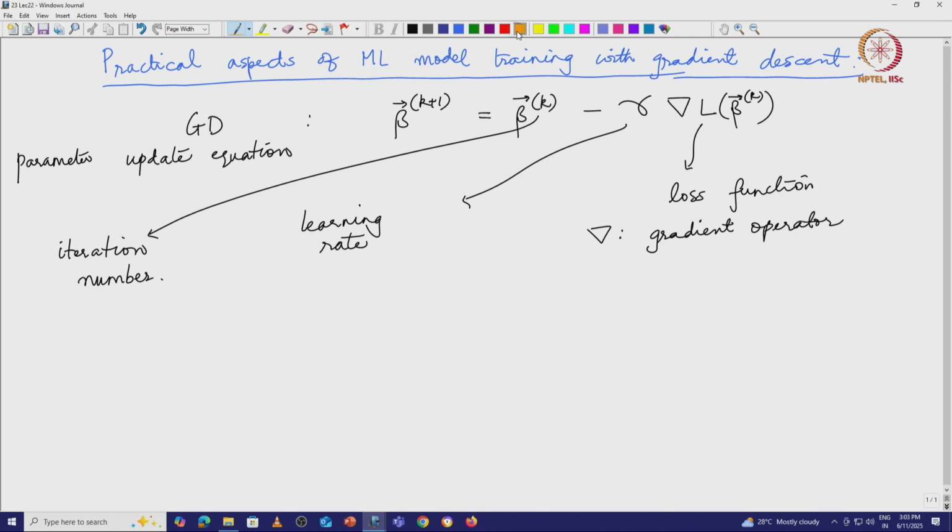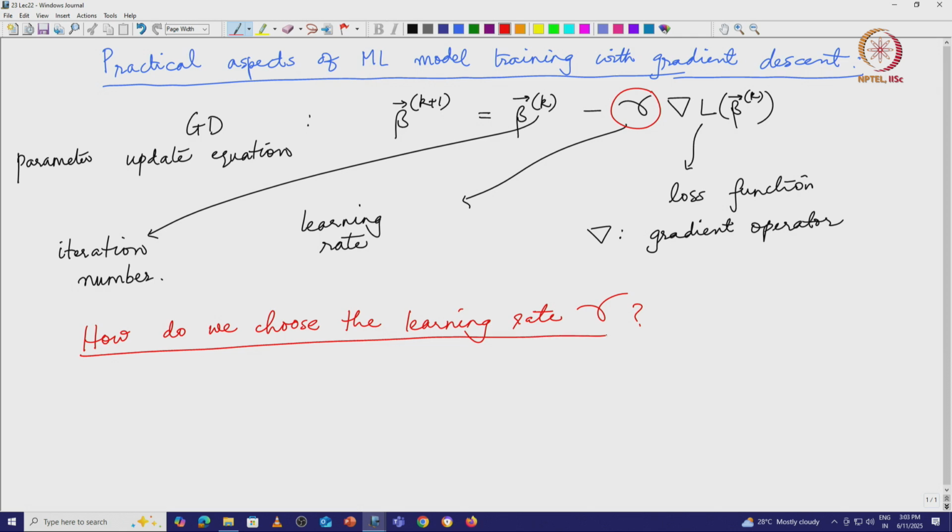So an important question arises: how do we pick the value of the learning rate? How do we choose the learning rate gamma? Okay.